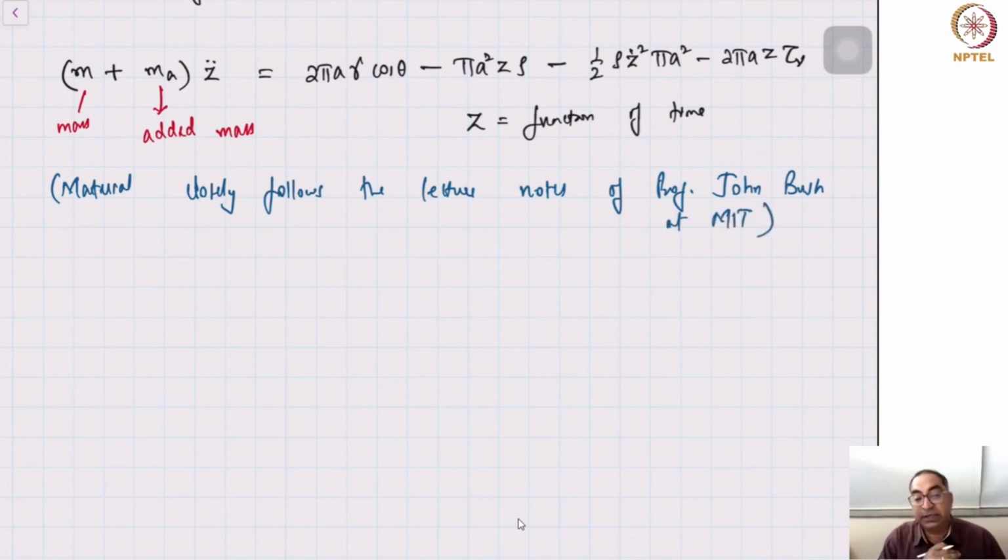Professor John Bush has very nice lecture notes on a course called Interfacial Phenomena. So this part of the material closely follows his lecture notes. So let's look at the added mass as well.